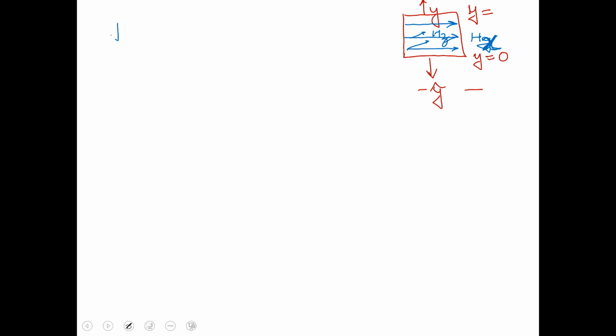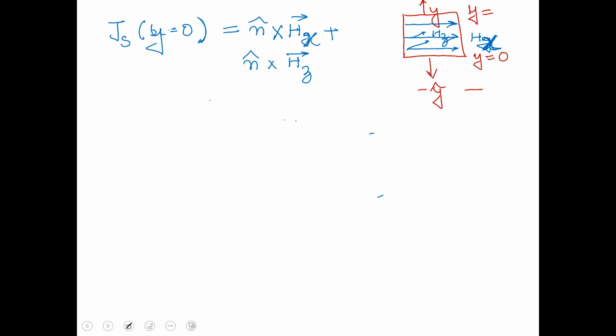So the current at y is equal to 0 at the bottom plate is going to follow the function of n cross Hx, the x component of the magnetic field, plus n cross Hz.